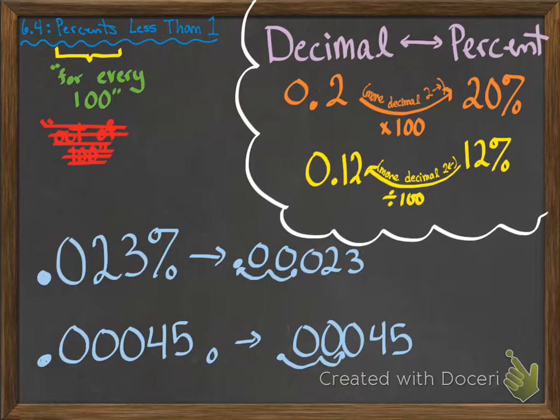If that was just a decimal, 0.00045, and I wanted the percent form, you take that decimal and move it 2 to the right, because it is already a decimal and you want to go to a percent, so you multiply by 100. That's 0.045%. Now I put the percent there, so it wouldn't make sense for it to be in both places, okay? Once we have that information, we can move on.